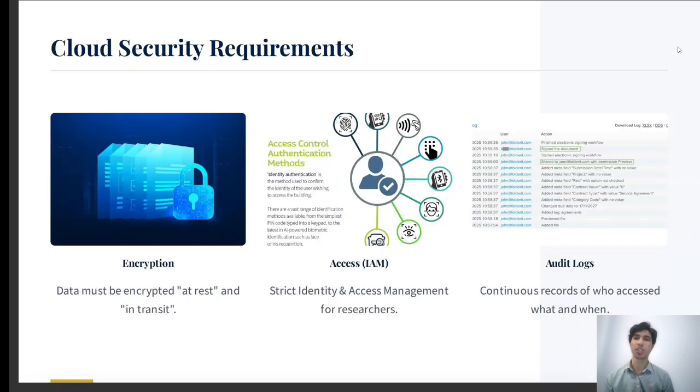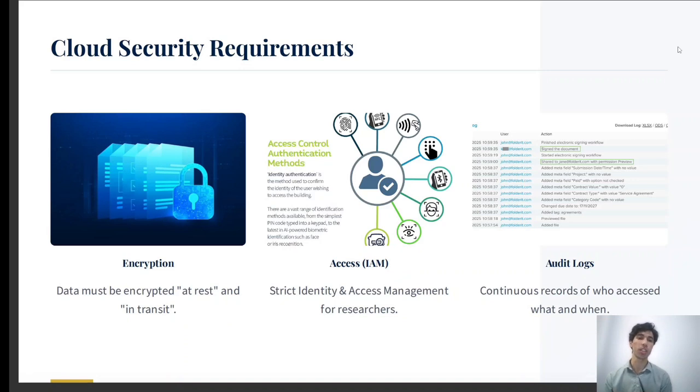Then there is the responsibility of the cloud vendors. They need to make sure that the clinical data is encrypted both at rest and in transit. It means that when the data is staying in the cloud, like S3 or something like that, it needs to be encrypted. And when it's moving through the internet or the web, it must be encrypted in transit as well. The next is to have strict identity and access management for researchers to make sure that unauthorized people cannot access that sensitive clinical information.